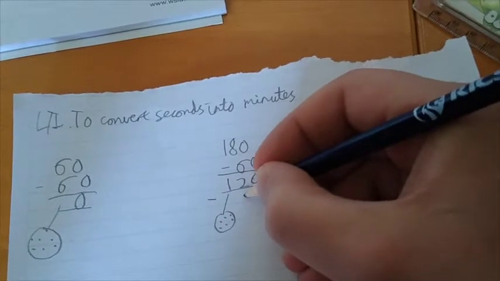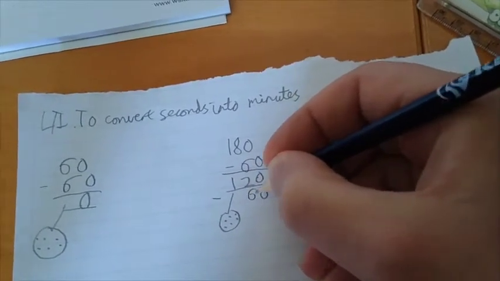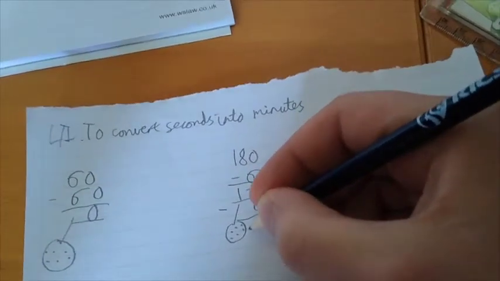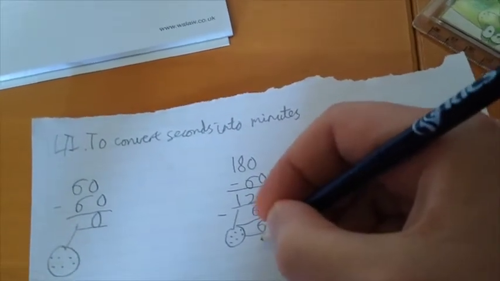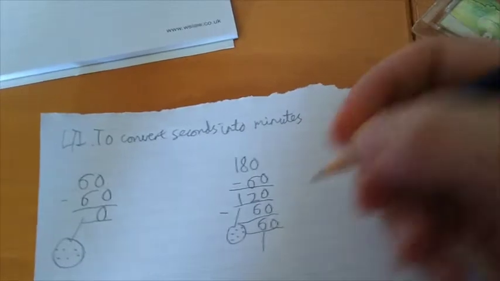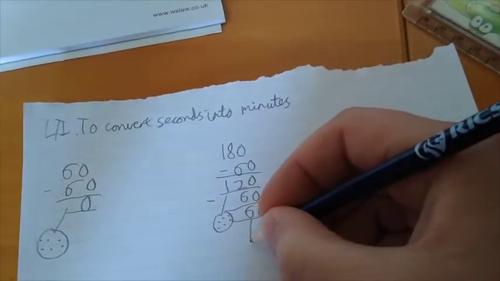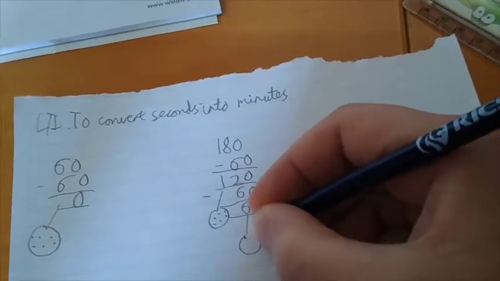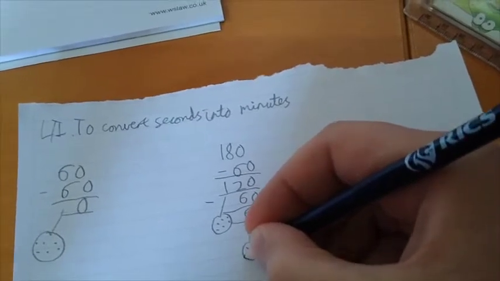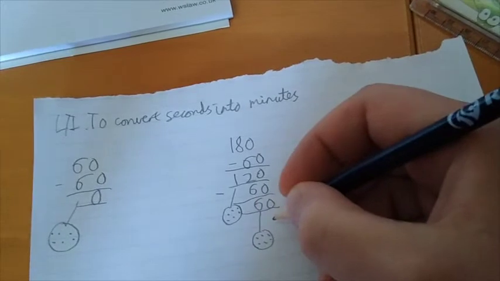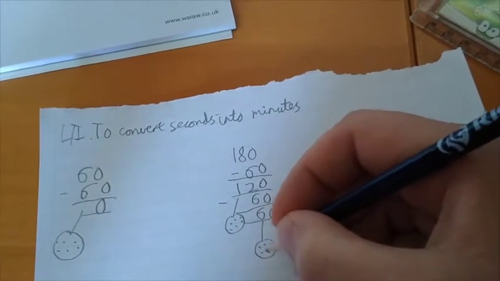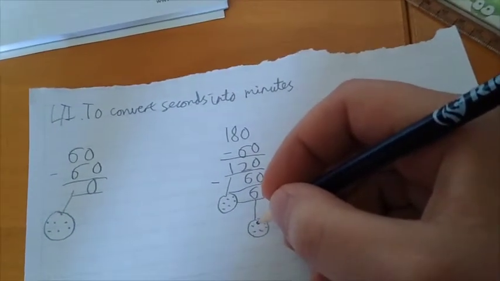So if we minus 60, we have 60 seconds. So we're doing a bubble of 60 seconds. So again, no more than 6 dots per bubble.